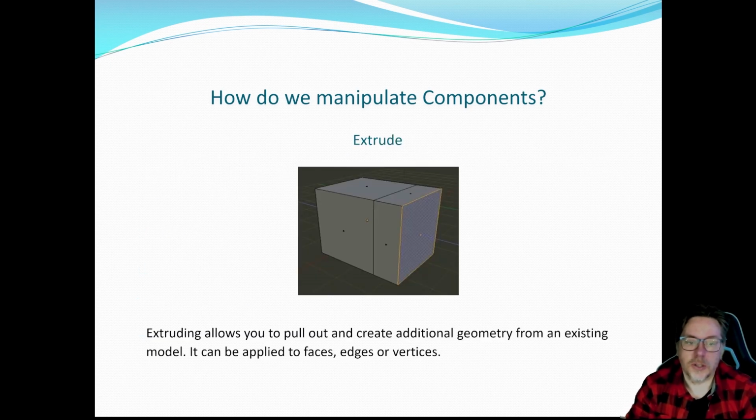Okay, so extrude allows us to pull out and create additional geometry from an existing model, and it can be applied to faces, edges, or vertices. The easiest way to think about it is on this cube: I've grabbed this face, which you can see is colorized slightly differently, and I've pulled it out along the Z path.